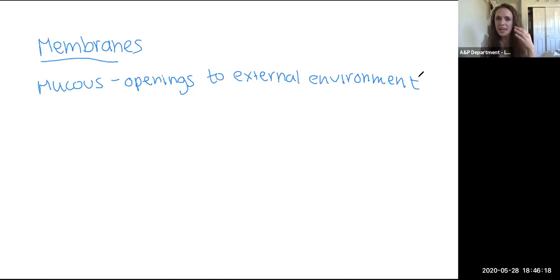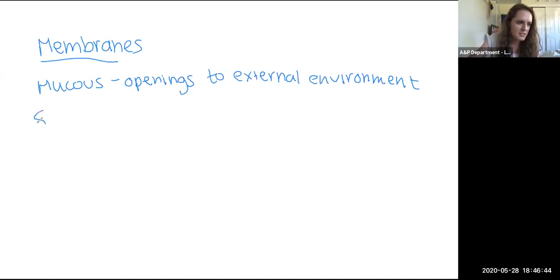The inside of your intestines, if you think about it, is the external environment, because the food you eat, you put it into your body and you're just one hollow tube. It's not part of your internal cavities. So you will have these on the inside of your intestines, because that's still considered external environment.